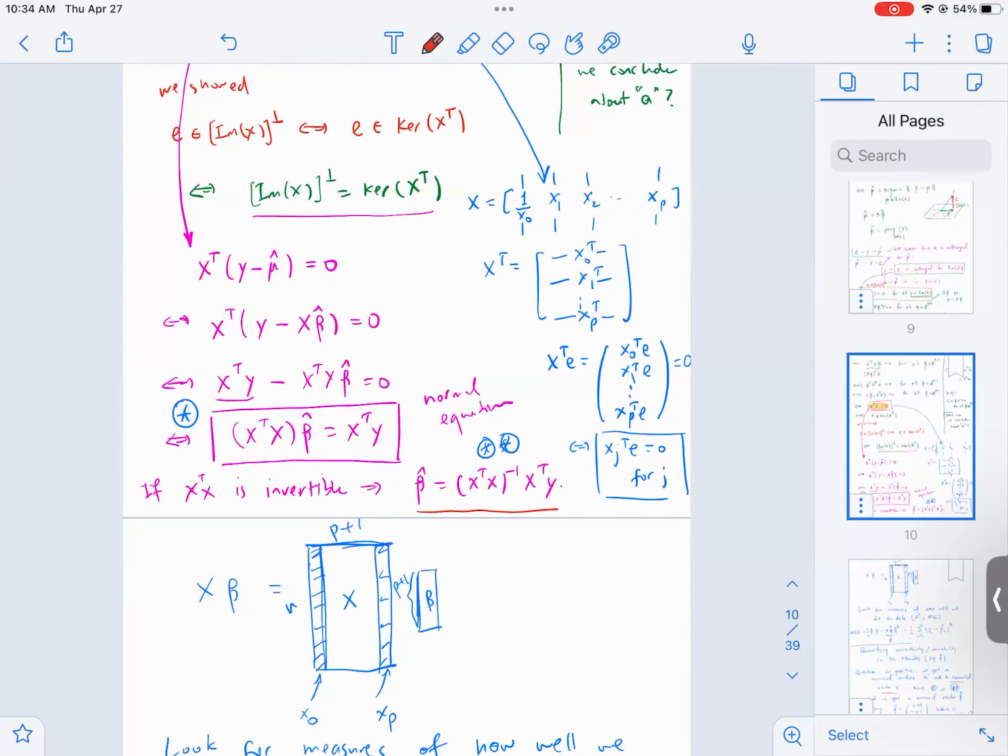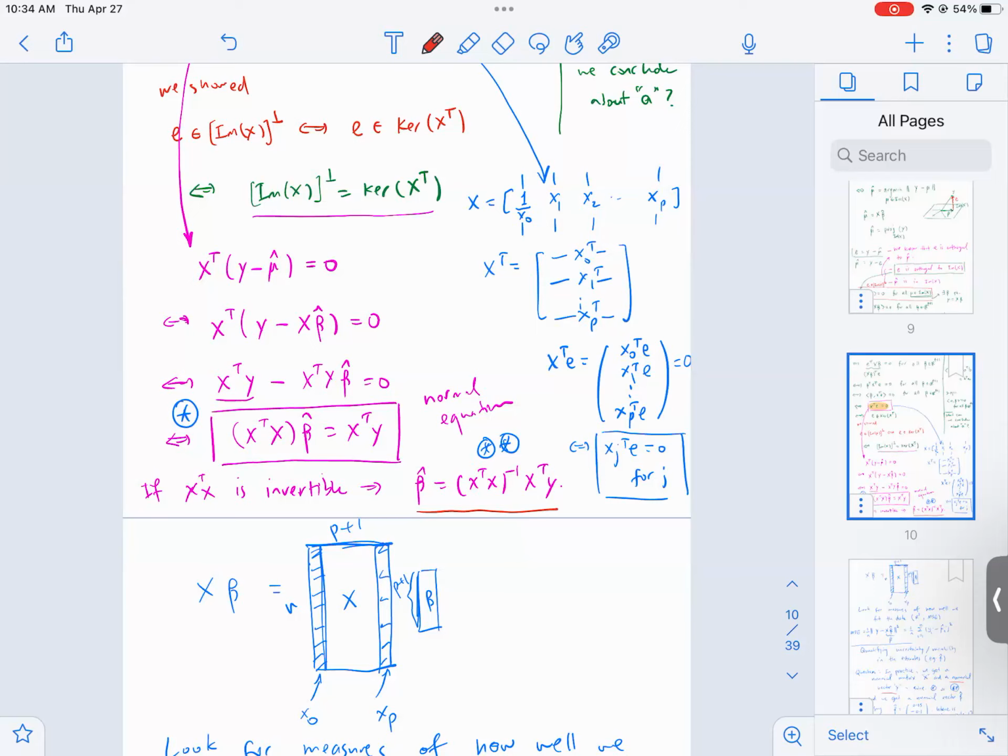You can see it's a function of y. So the abstract beta hat is going to be a random variable. You just observe one realization. If you plug in one realization of y, you see a realization of beta hat, but there is an abstract beta hat, a random vector beta hat. And that beta hat has some variance, uncertainty.